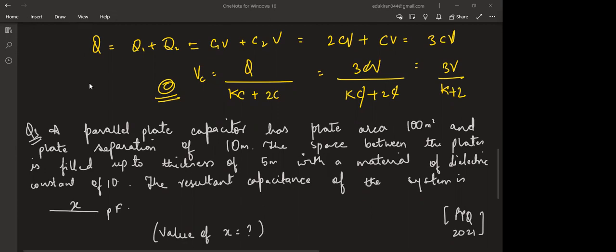There's also Marita, she has given me the value of x written. So write whatever numbers you're getting.